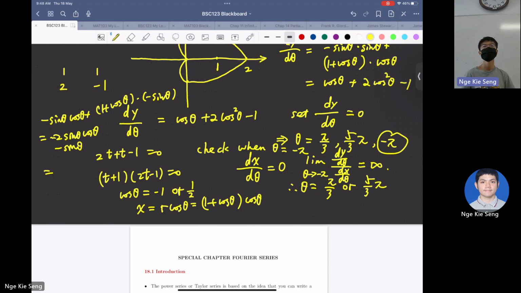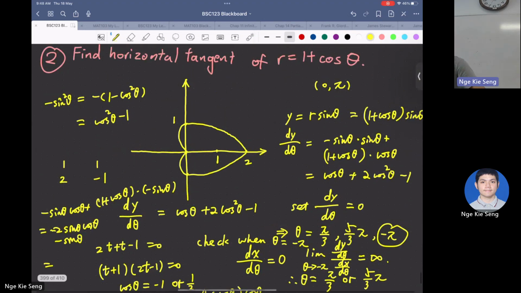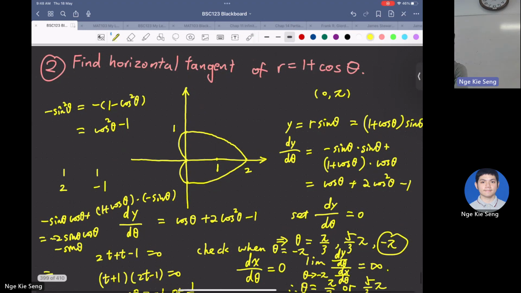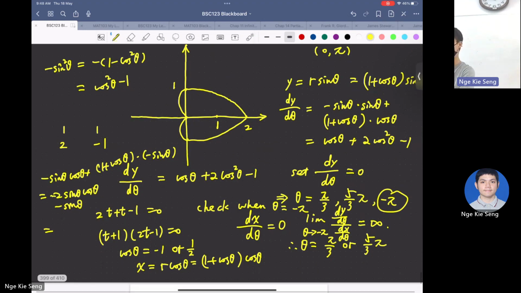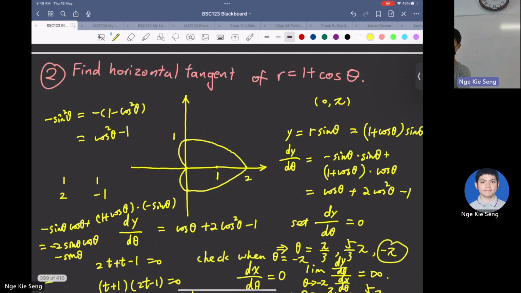I don't know if the answer is correct. Oh, you just explain. Explain what you did. What I did is first to draw a picture of this polar equation, and you will find the graph is symmetric, and the question is to find a horizontal tangent.